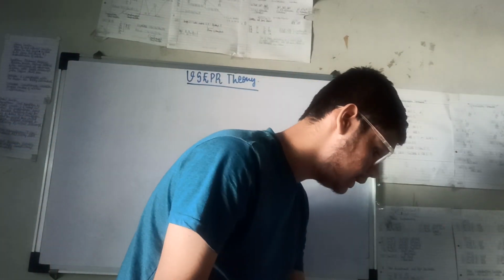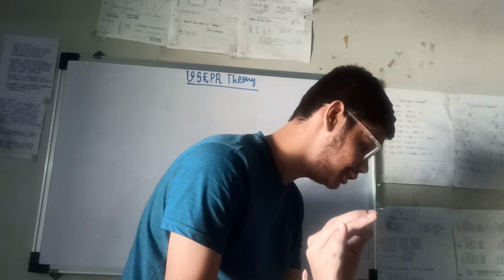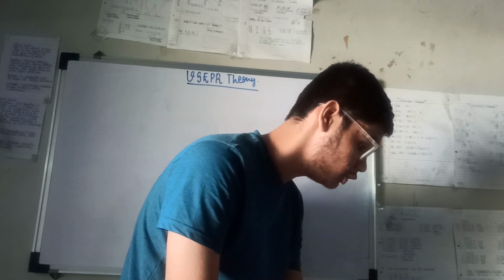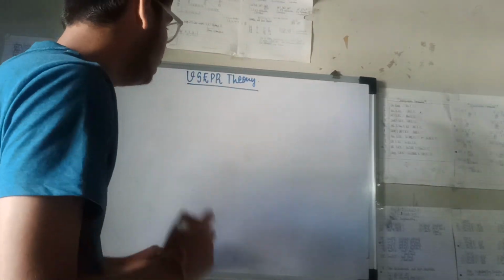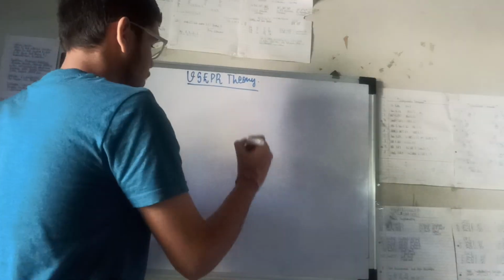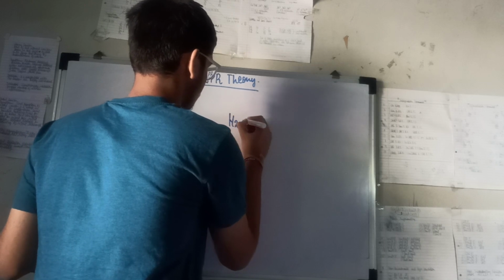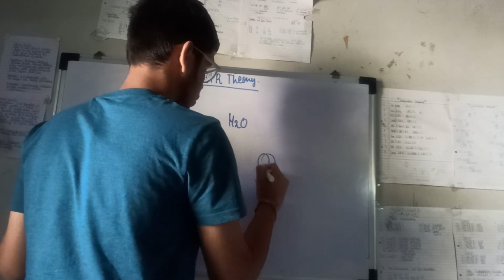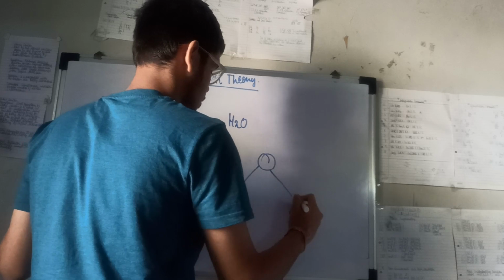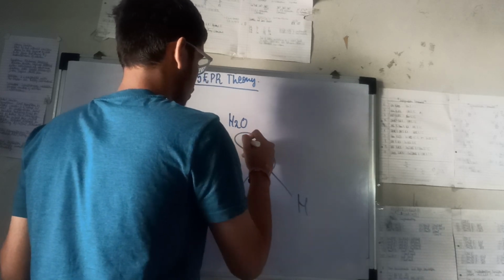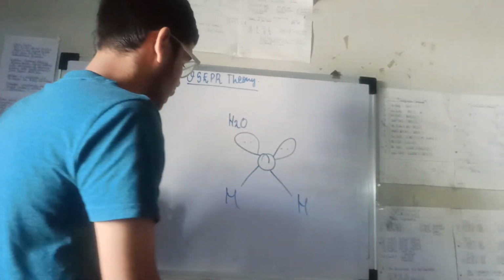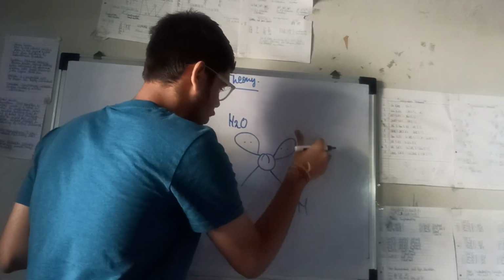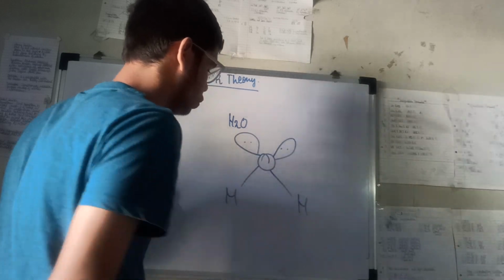The valence shell is taken as a sphere with electron pairs localized on the spherical surface at maximum distance from one another. Same they are repeating. Say H2O, O H. So here there is repulsion between the electrons: bond pair, lone pair, bond pair, lone pair.